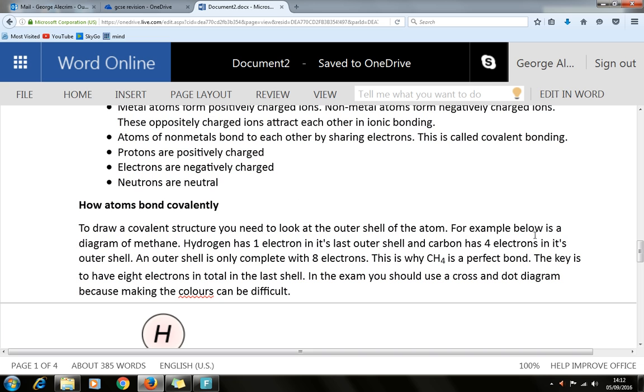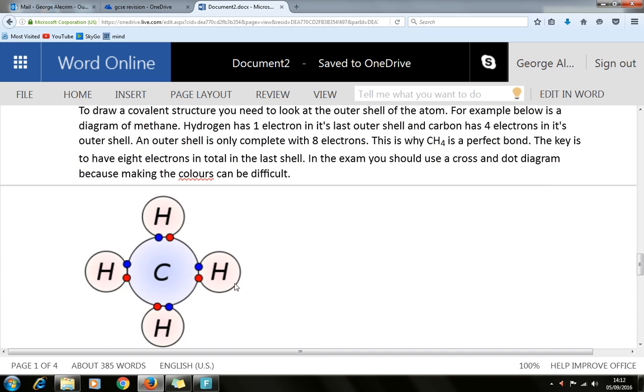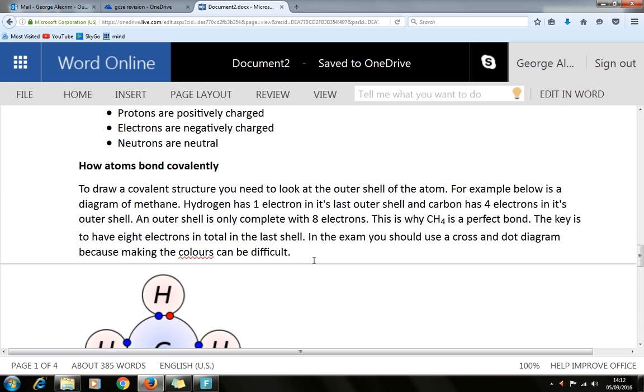So for example, below is a diagram of methane. Hydrogen has 1, carbon has 4. Because there are only 4 in the carbon shell and hydrogen has 1, it creates 4 bonds to make a total of 8 in its outer shell. This is how things are bonded covalently.